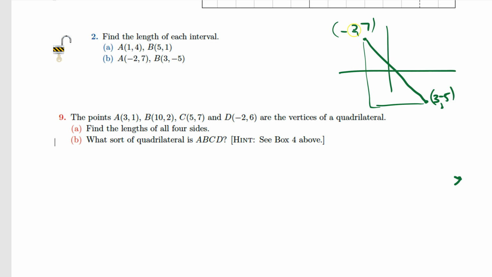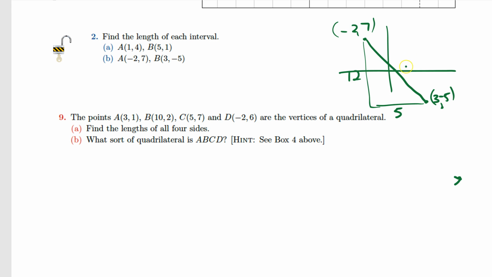So the difference between the x values, I'm going from -2 across to 3, so that's a distance of 5. And the difference between the y values, it's 7 down to -5, so that's a distance of 12.